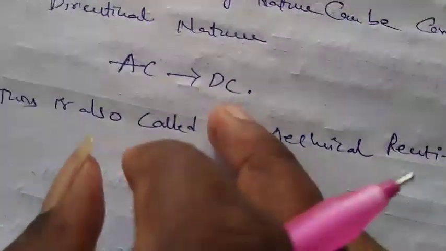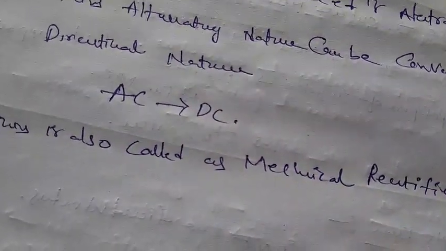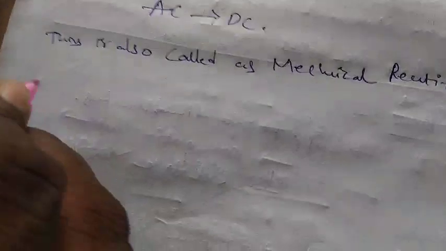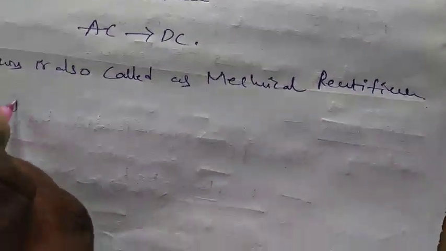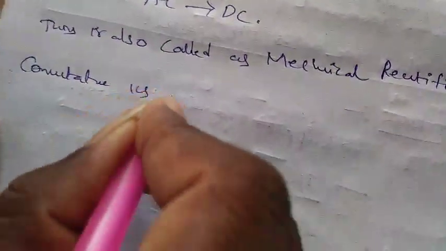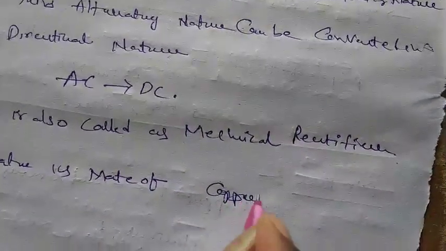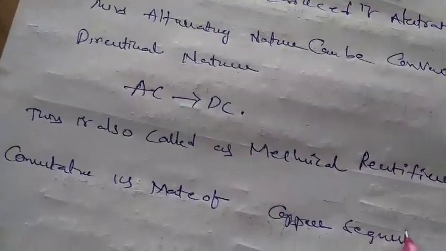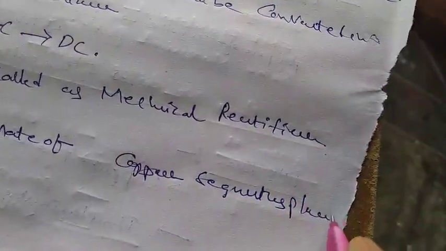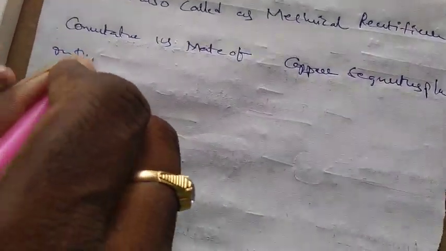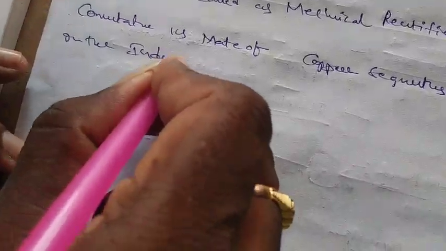That's why we call this a mechanical rectifier. The commutator is made up of copper segments placed inside the armature.